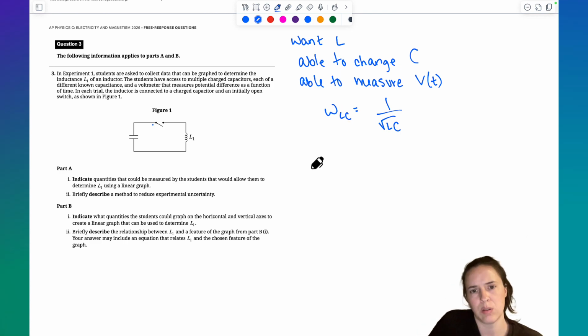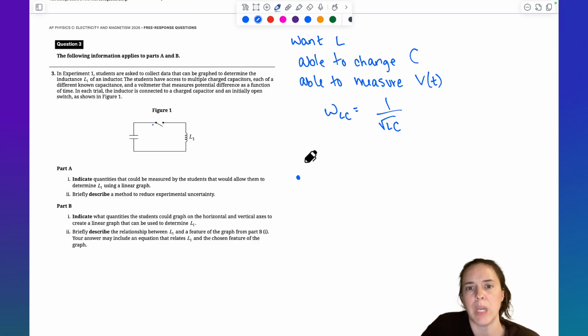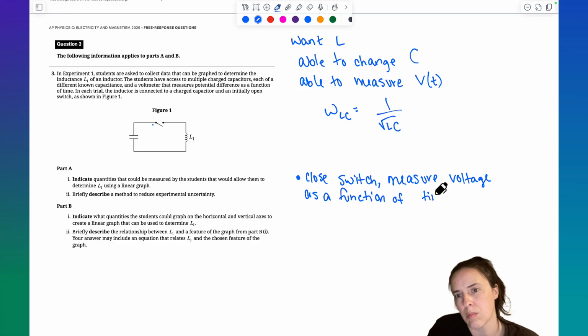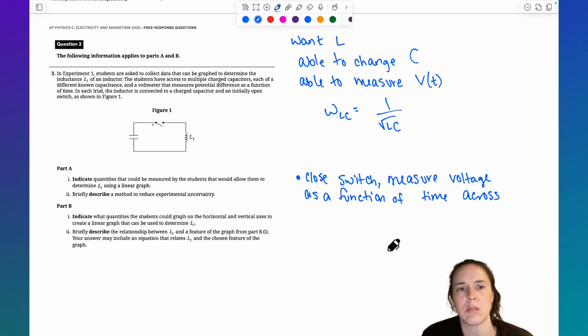Yeah, so we're going to briefly describe our method. So we are going to connect our charged capacitor. So we're going to close the switch. We're going to measure the voltage as a function of time across either the inductor or the capacitor.